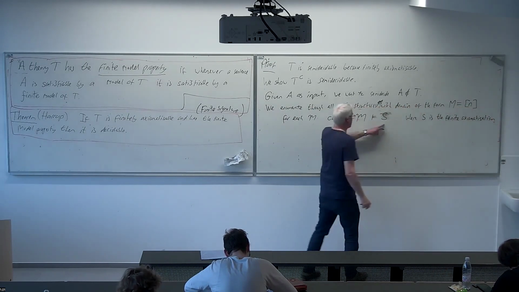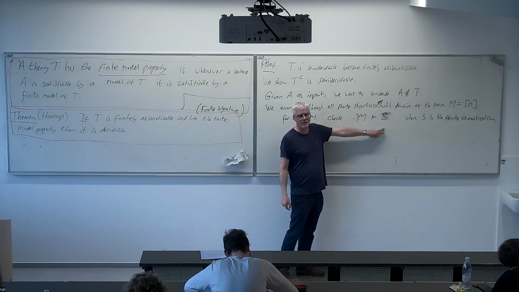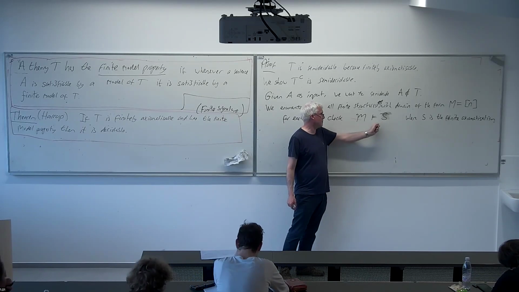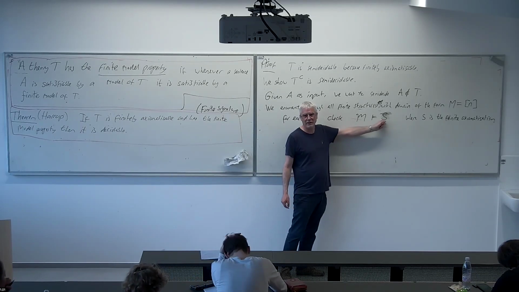Okay, and this is the place that we need to have a finite axiomatization, because we want to check M satisfies every one of the finite axioms.